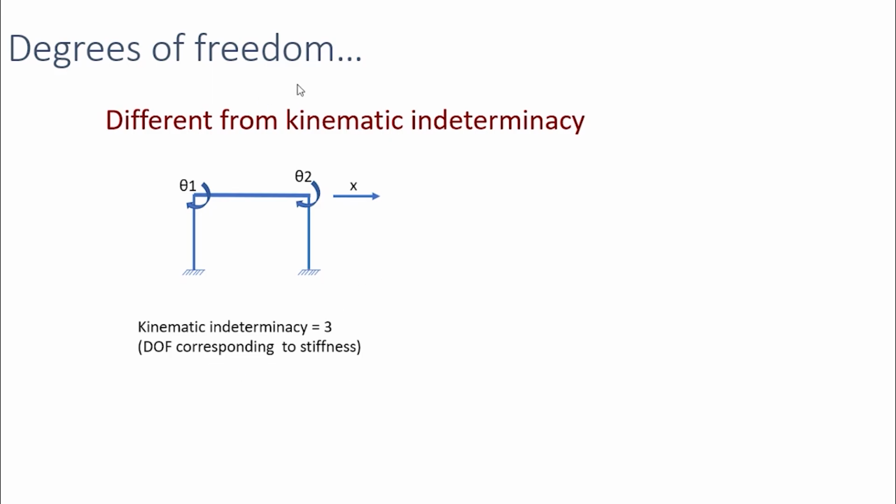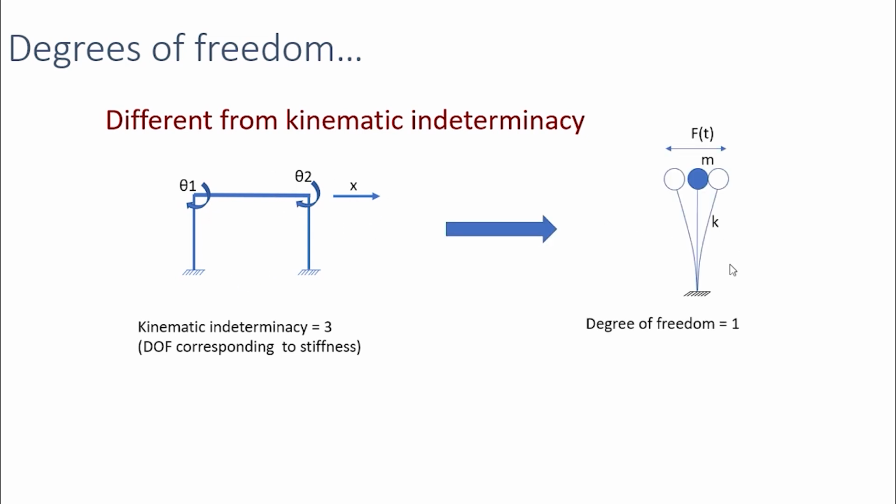But in this course, when we say degrees of freedom, it means the number of independent displacements the masses in the structure have. So you should not confuse kinematic indeterminacy with the degrees of freedom corresponding to the mass.